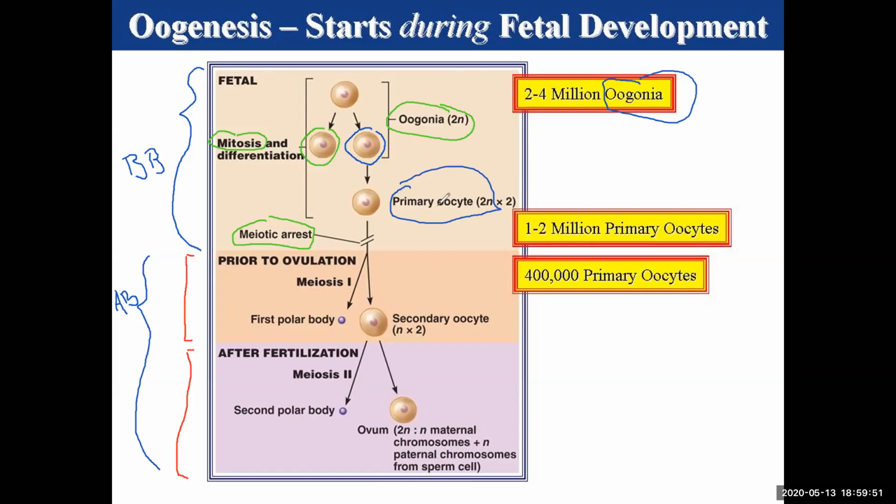And that primary oocyte stops its development and remains as is. In the fetus, and even when the female baby is born, it remains as a primary oocyte until puberty. So when the girl hits puberty, this primary oocyte completes meiosis 1 to become a secondary oocyte.